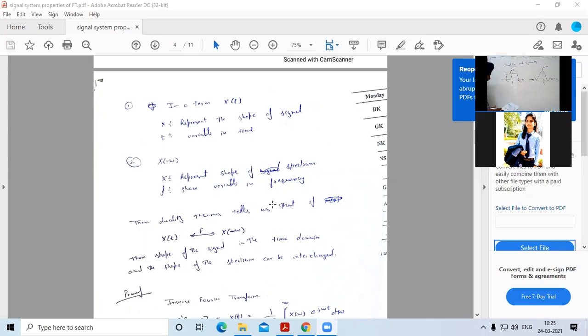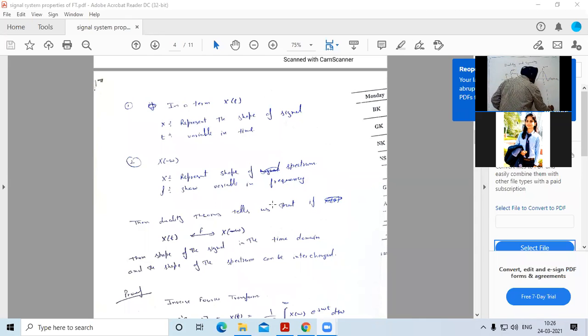Next, I will write down the X(omega) signal here, a sinc function. This is omega, this is minus omega, and this is tau.